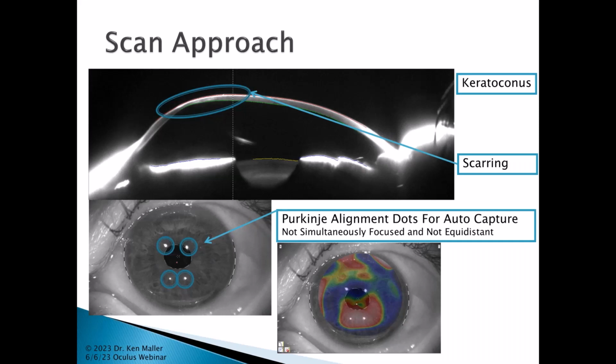The reason for that is that this particular eye is scarred there, and the scar is very, very bright, and as a result, Purkinje images are reflecting brighter off the scar than they would off any normal cornea. This is now leading the Pentacam to believe that the corneal apex is down lower, which you could see, that little center dot in the middle, is not really coincident with where this fellow's visual axis is.